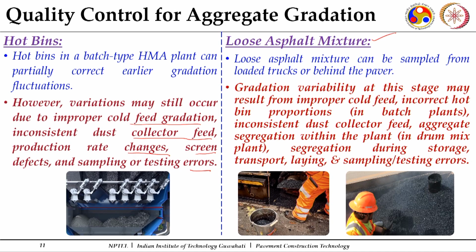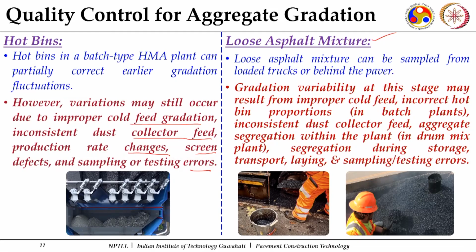Then, when it comes to the loose mixes, once the mix is produced in a batch mix plant from the pug mill, or it is the continuous production from a drum mix plant, as we move ahead, all earlier steps will be having a contributing factor.